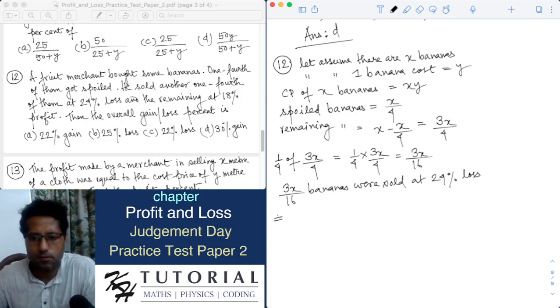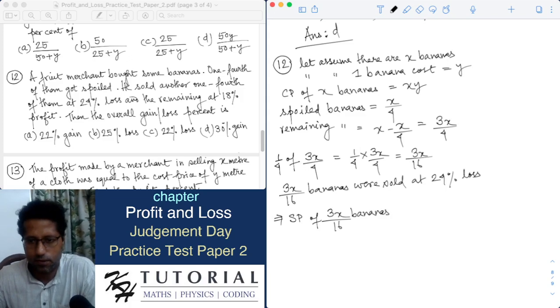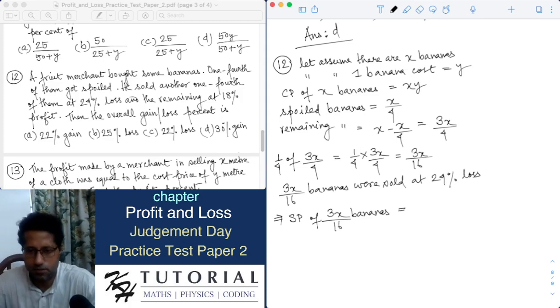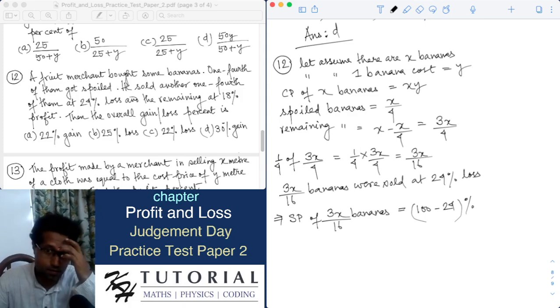This means the selling price of 3x by 16 bananas, since there is a loss of 24%, will be 100 minus 24%, that is 76%, of the cost price of 3x by 16 bananas.